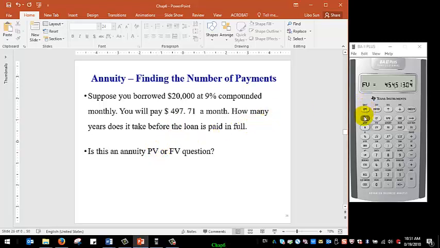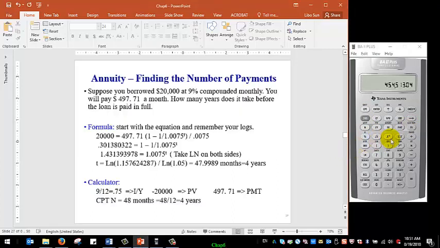Let's again clear time value of money. So we are looking for N. Start with the rate, 9% annual rate divided by 12. So that's the interest rate. Then we borrow 20,000.